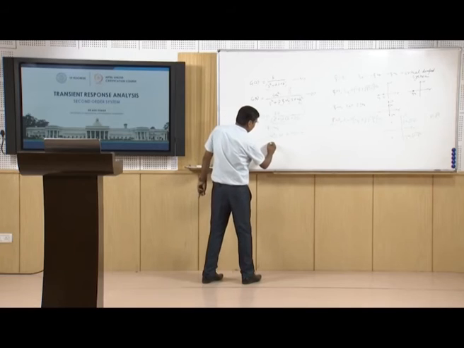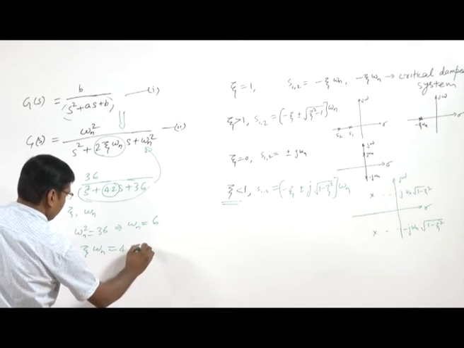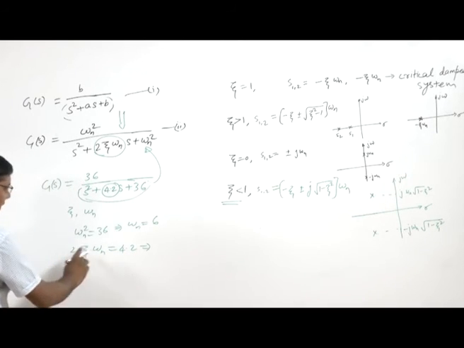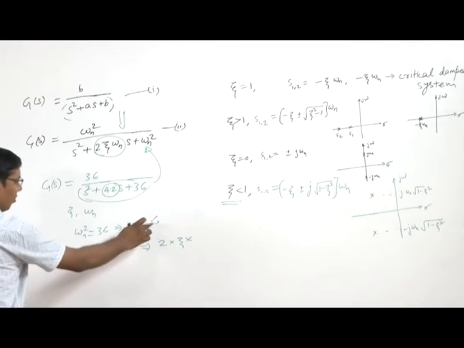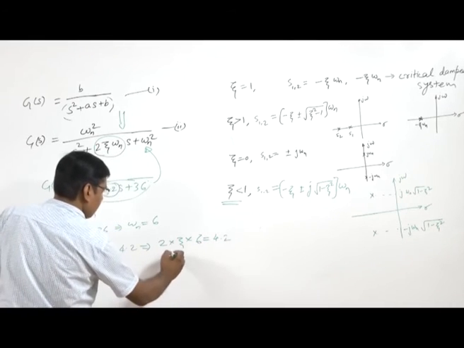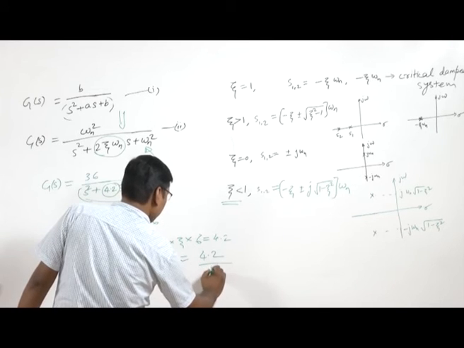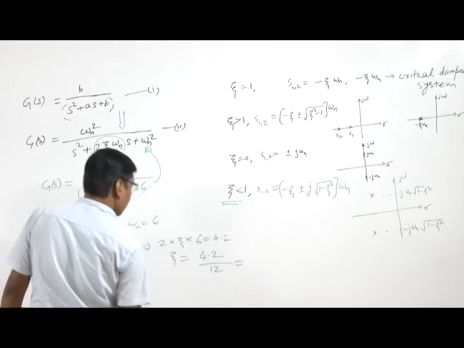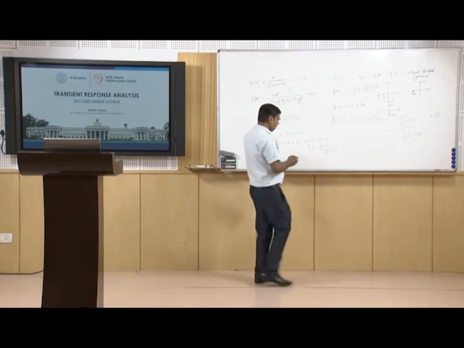So 2 into zeta into omega n, where we already have omega n as 6, equals 4.2. So zeta is 4.2 upon 12, and we get 0.35.